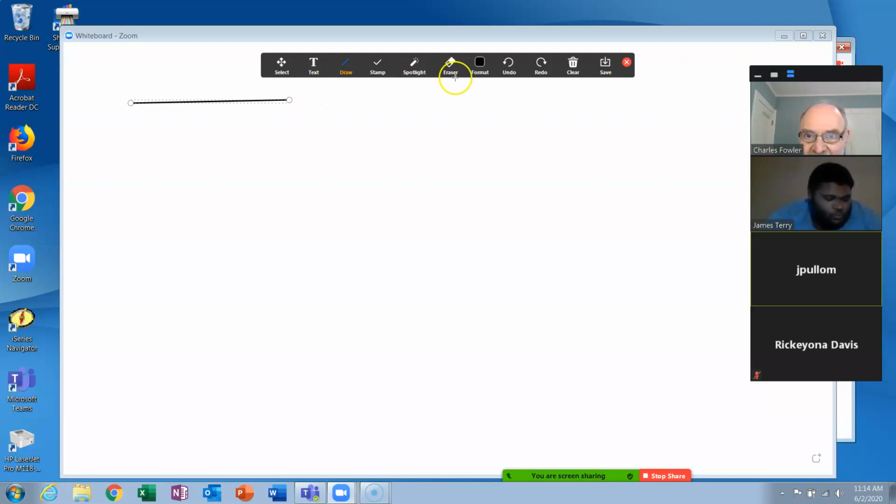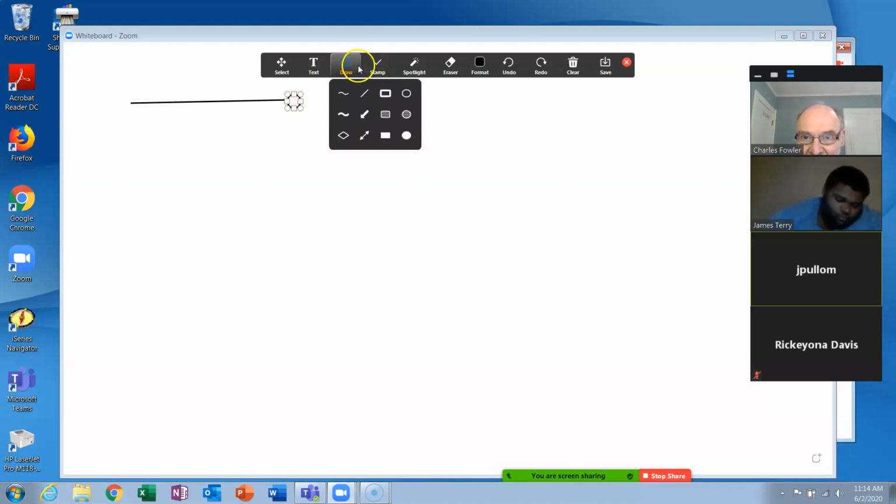Let's do that for a node. Okay, there's a node or a junction, and then we'll pick up a line again.